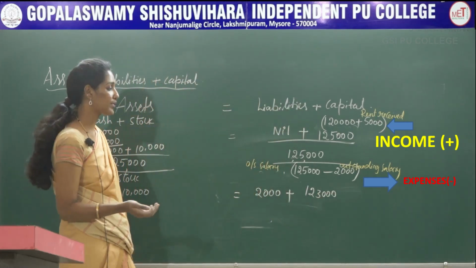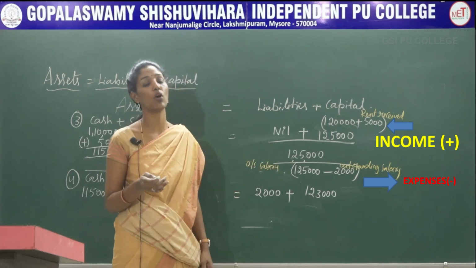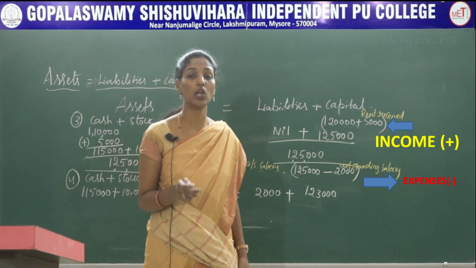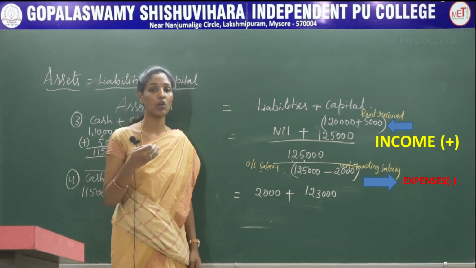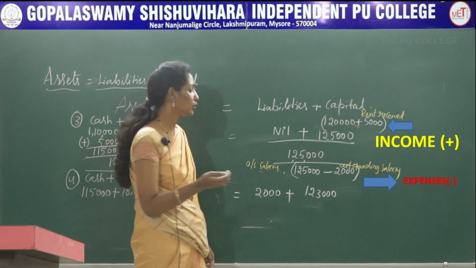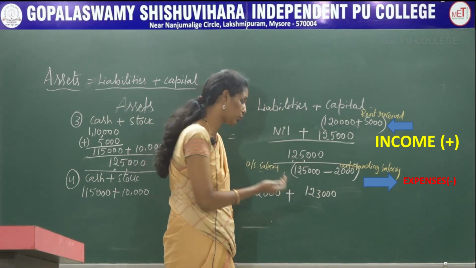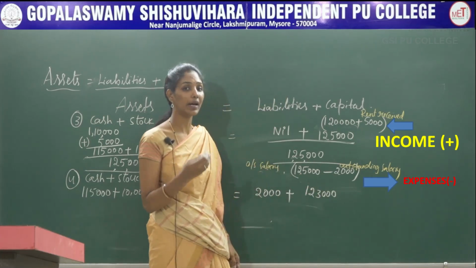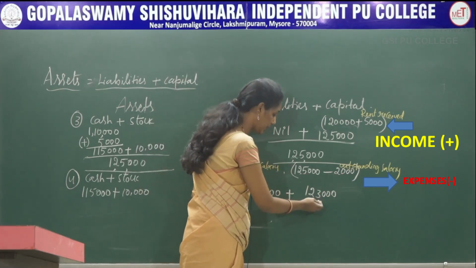The amount of outstanding salary must be deducted from the capital balance because it is expenses or losses to the business. So business ge expenses ಅಥವಾ ಲಾಸ್ ಆಯಿತು ಅಂತ ಹೇಳಿದ್ರೆ ಕ್ಯಾಪಿಟಲ್ ಇಂದ ನೀವು ಡಿಡಕ್ಟ್ ಮಾಡಬೇಕು. ಸೊ ಹಾಗಾಗಿ ಇಲ್ಲಿ 2,000 ಏನು ಔಟ್ಸ್ಟ್ಯಾಂಡಿಂಗ್ ಸ್ಯಾಲರಿ ಇದೆ, ಸೊ ಆ 2,000 ಅನ್ನ ಕ್ಯಾಪಿಟಲ್ ಇಂದ ಮೈನಸ್ ಮಾಡಿದೀವಿ. 1,25,000 minus 2,000, 1,23,000.